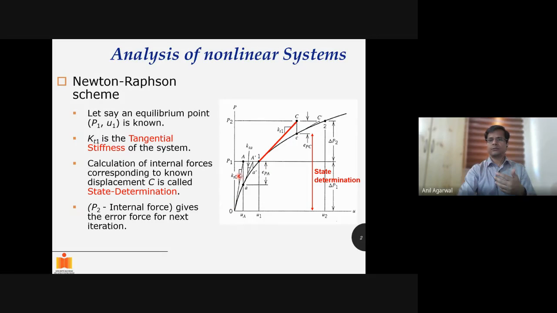So this will be the first iteration, this will be the second iteration, this will be the third iteration, and so on until you reach the point of convergence. And the third step is called state determination, which is nothing but calculation of internal forces for the given displacement values that you have solved in the second step.